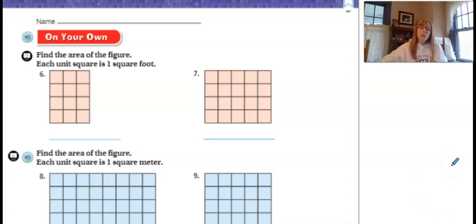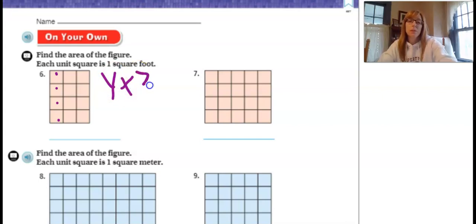Okay, this is on your own. So hopefully you're able to do this part on your own. So hopefully you're writing area equals 4 times 3. So your area equals, you are correct, 12, and it's square feet.